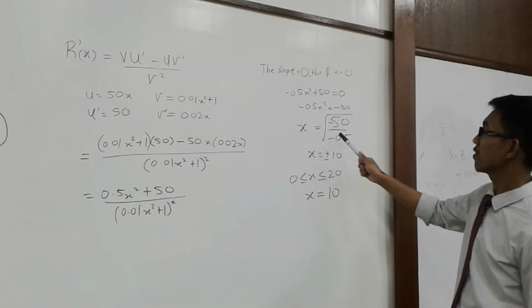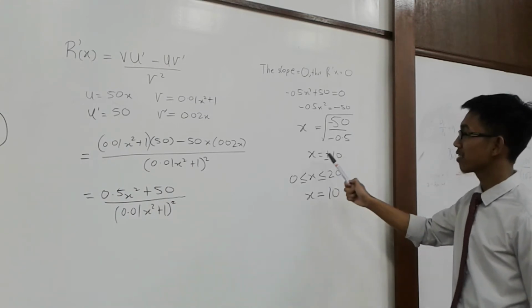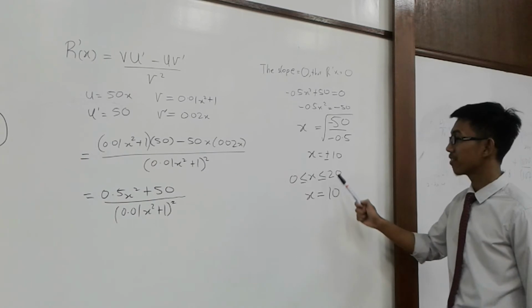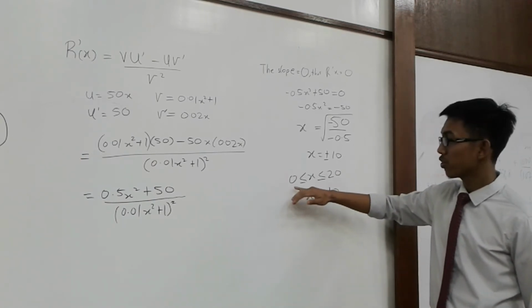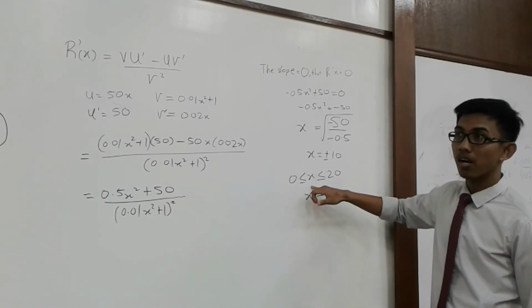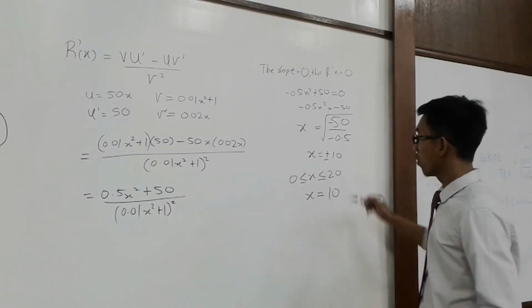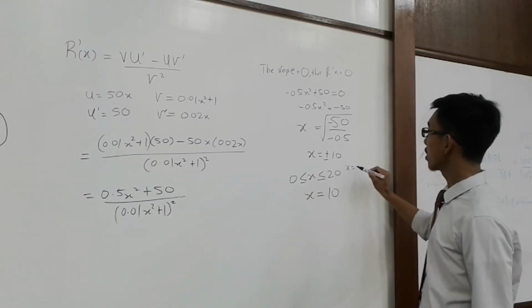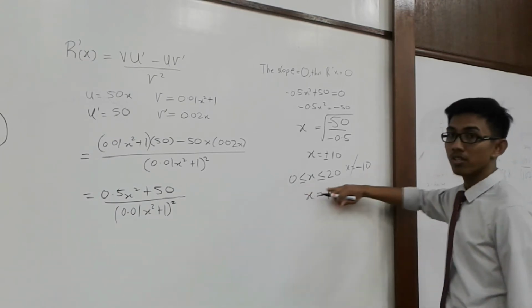Square root of negative 50 over negative 0.5, and we get x equal to plus minus 10. The root is set at 0, so x is between 0 and 20. So x equal to negative 10 is not between the roots.